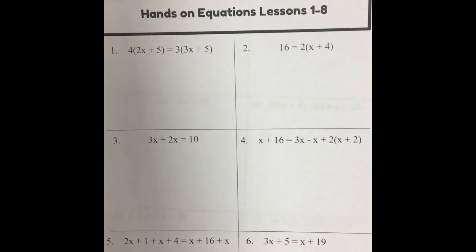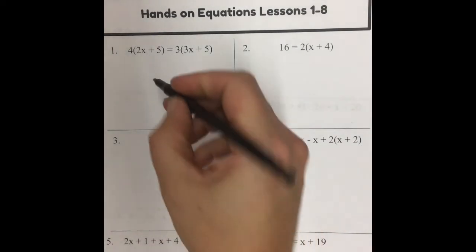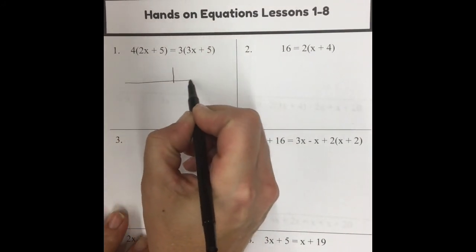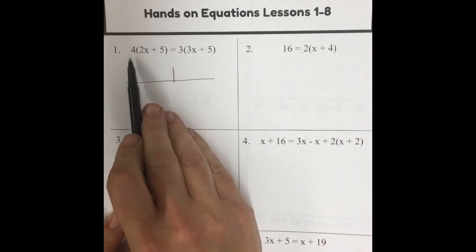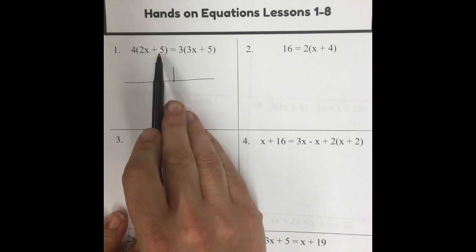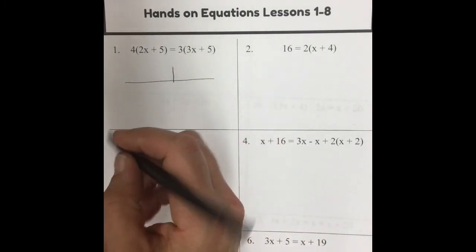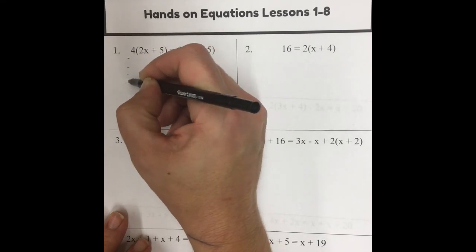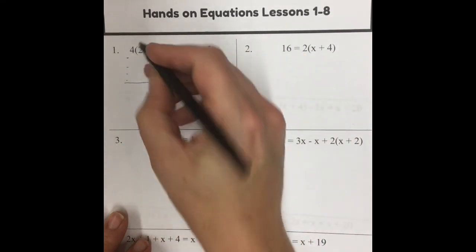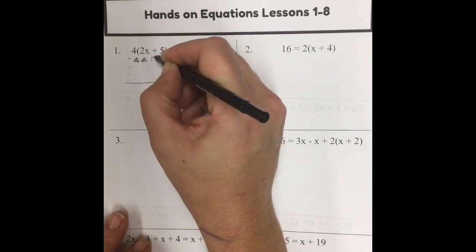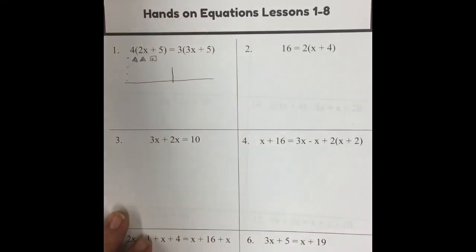I'm going to start by making my scale. The middle of my scale, of course, is determined by my equal sign. And I notice here that this is telling me I need to create 4 repetitions of 2x plus 5. So I'm going to almost make little reminders here. 4 times over, I need to repeat a 2x and a 5.